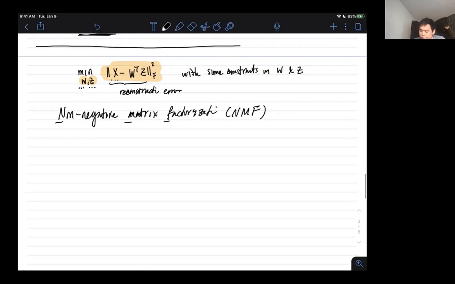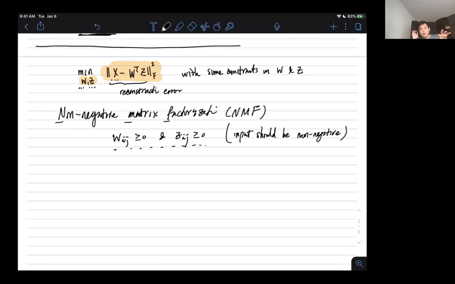In NMF, the constraints that we put are that all the elements of W are greater than or equal to 0, and all the elements in the code matrix are also greater than or equal to 0. What this automatically implies is that the input matrix should be non-negative as well.